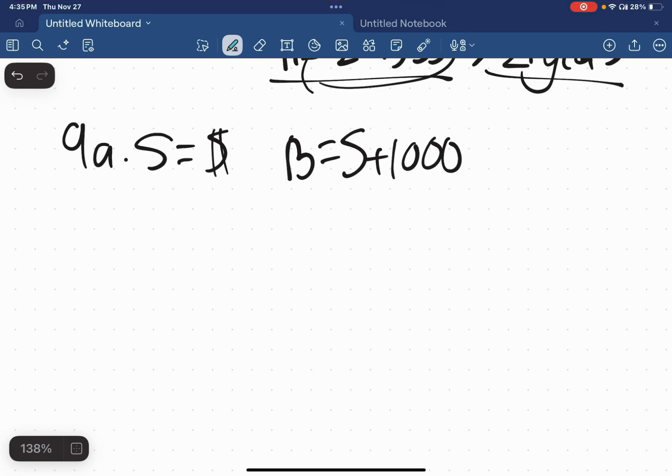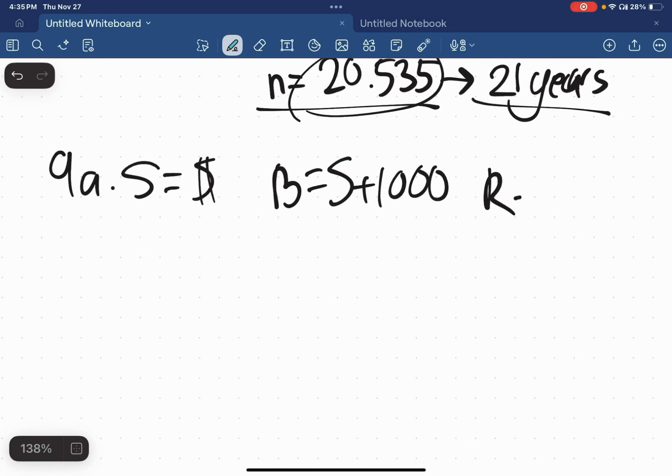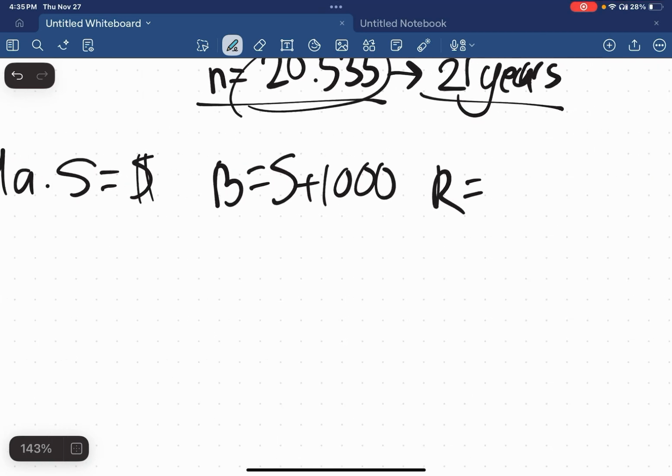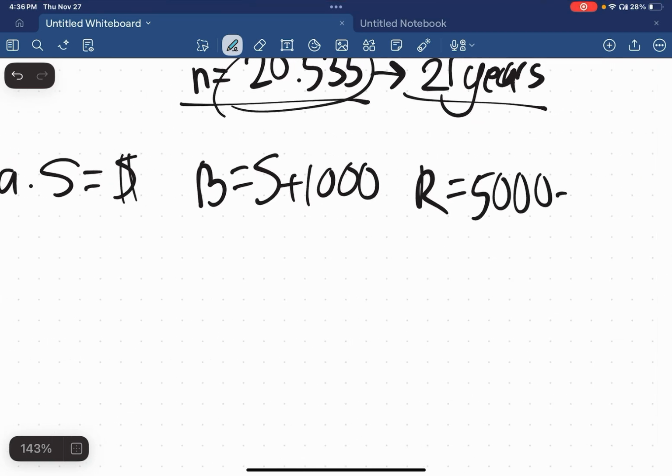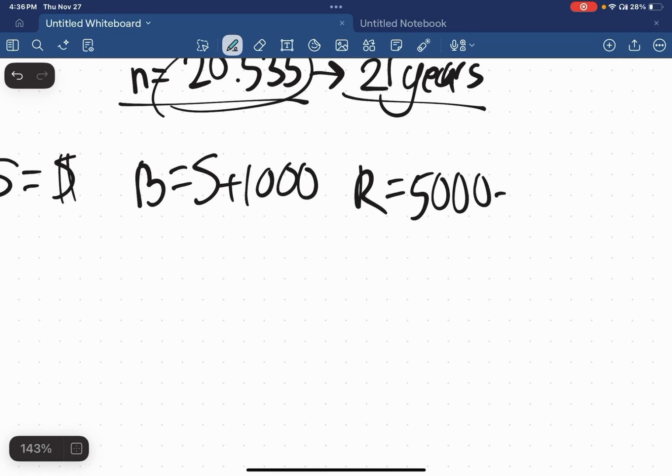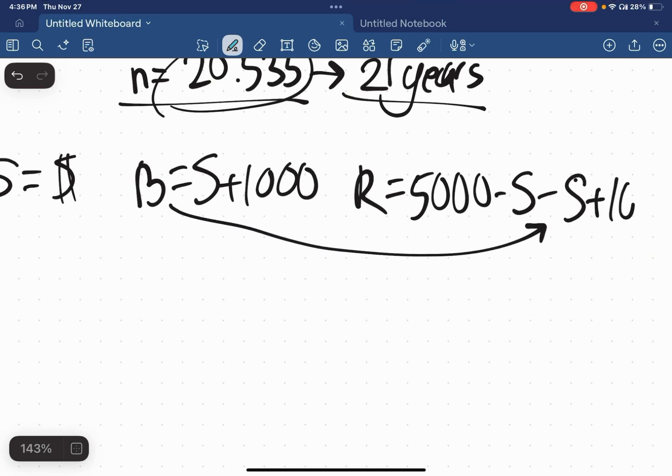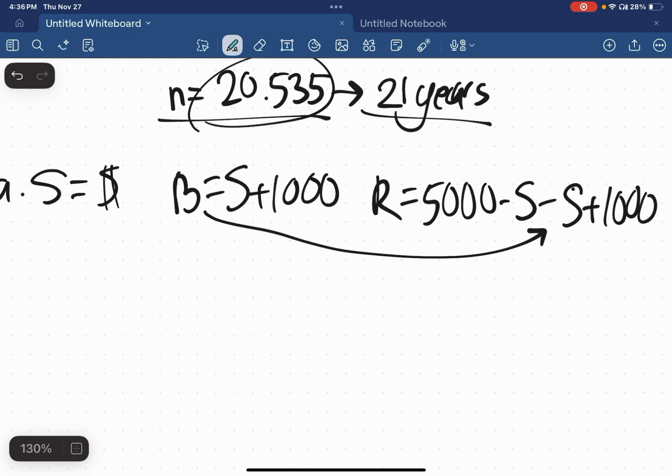We can't use S for the shares again, so we'll just use R. That's going to be equal to 5,000, which is the total he had, minus S minus B. And we know B is just going to be equal to S plus 1,000.